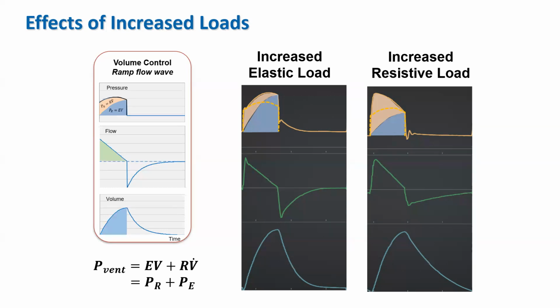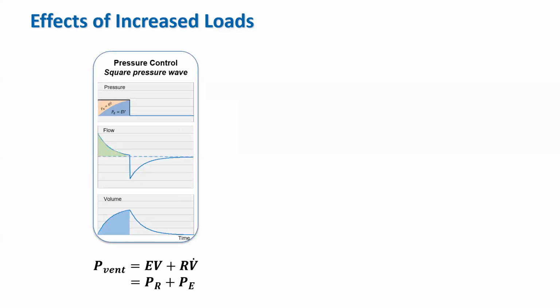So without doing an inspiratory hold, you can separate out the effects of resistance and elastance just by looking at the waveform. So that's why here, when the elastic load is high, you have a high end inspiratory pressure. Here, the resistive load is high, so you have a high initial pressure and a low final pressure. So that's just a little trick and an advantage of using ramp flow.